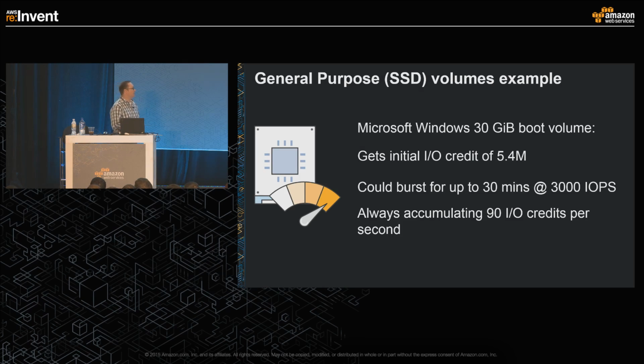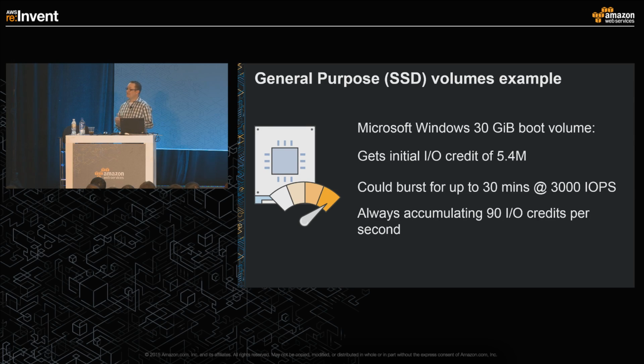So a little bit of an example of how general purpose volumes work, or at least what difference they're making for different workloads and applications. So if I take an example of a Windows boot volume, they're typically about 30 gigabytes in size. So the burst bucket is automatically 5.4 million IOPS at the beginning.